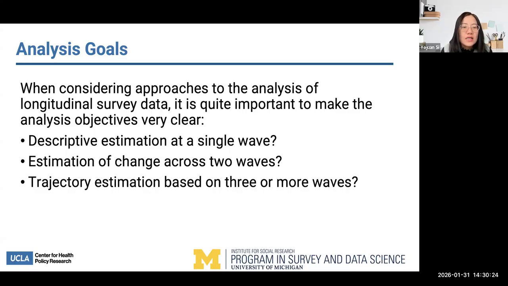We may be interested in estimation of changes across 2 waves, say between baseline and wave 1. So we use wave 0 to denote baseline. Sometimes we are interested in estimating trajectories across 3 or more waves, such as the analysis goal of the Monitoring the Future study. We were interested in estimating the trajectory of substance use behaviors across 7 waves.